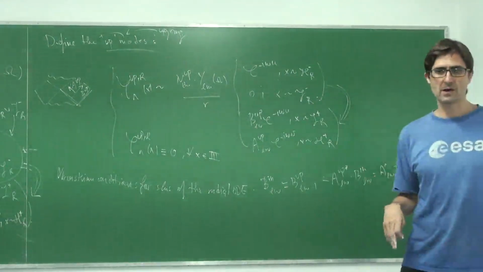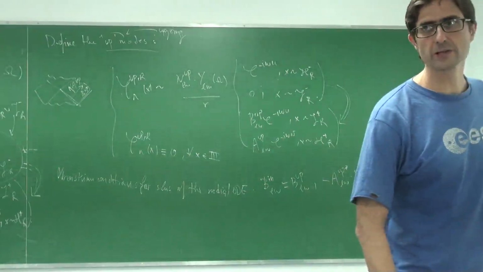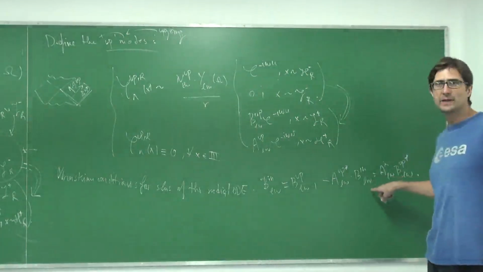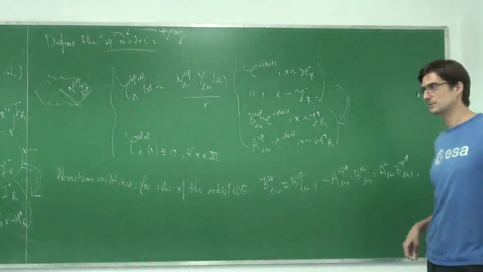Clearly, because of the complex conjugates we're doing here, we're looking at the Wronskian relations between the in solution and the complex conjugate of the up solution.